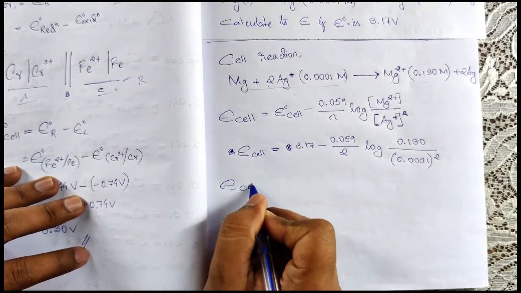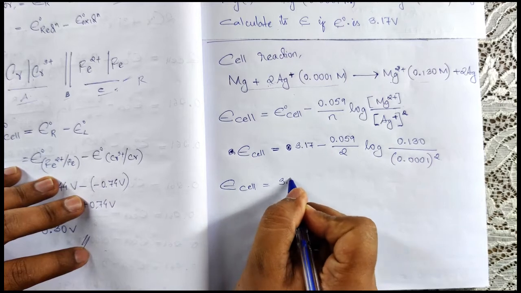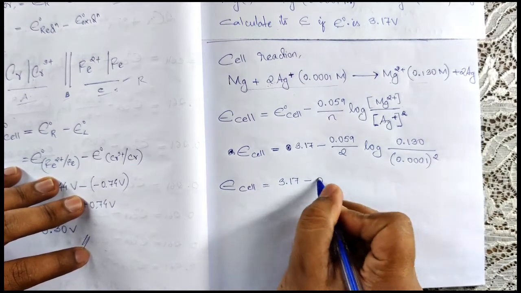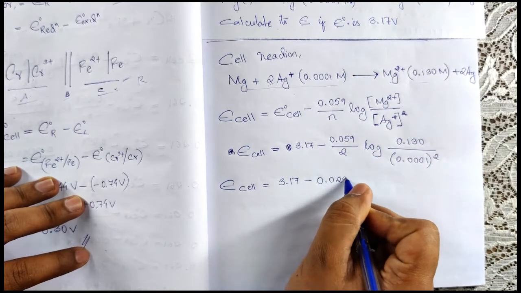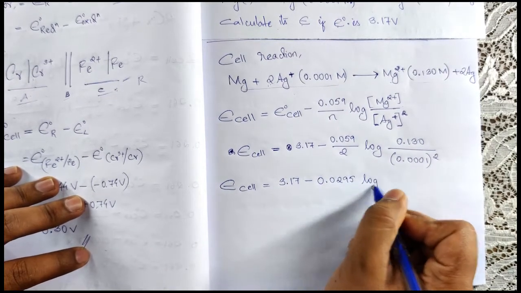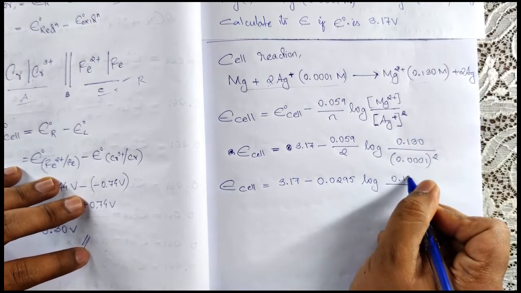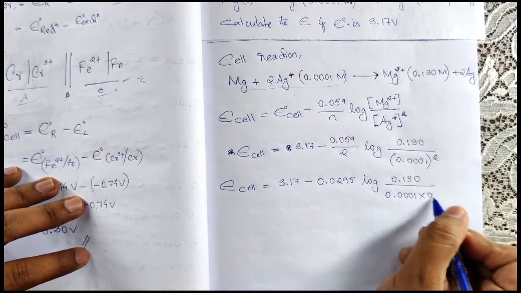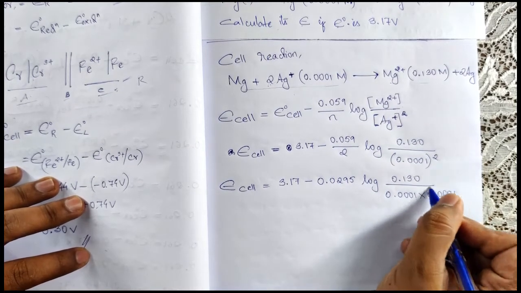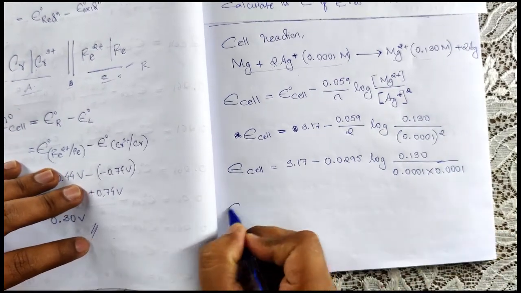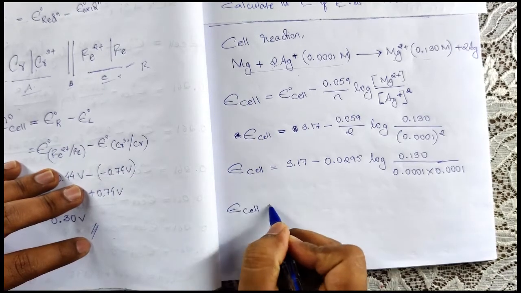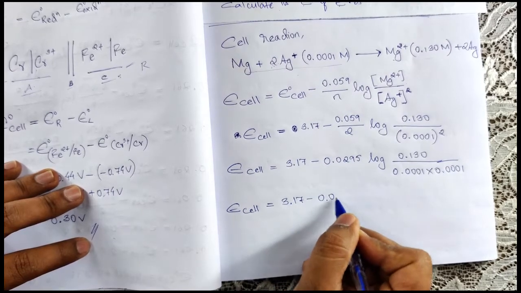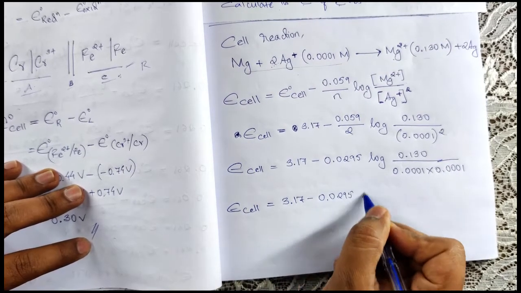So E cell is equal to 3.17 minus, if you divide 0.059 by 2, you get 0.0295, log of 0.130 over 0.0001 multiplied by 0.0001. E cell is equal to 3.17 minus 0.0295 log.